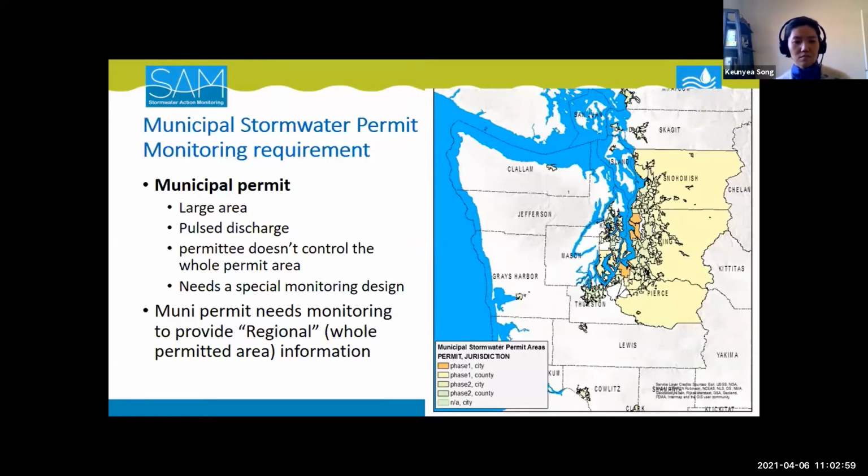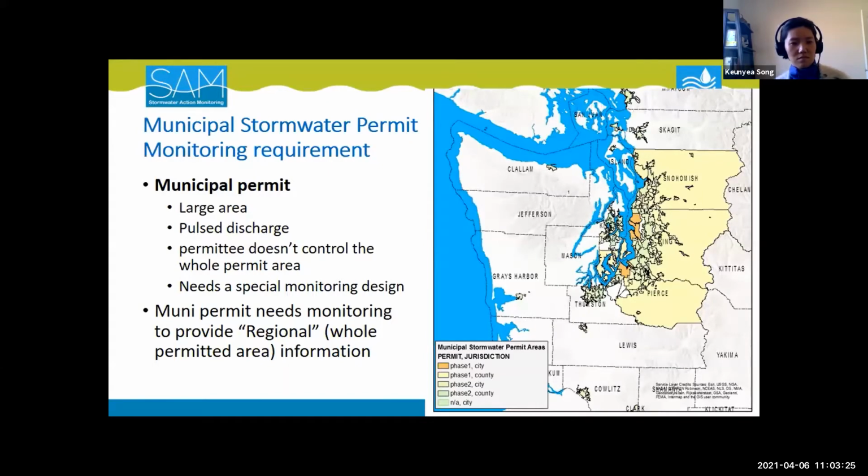As a monitoring requirement in the permit, municipal permittees have two options. They can either conduct individual outflow monitoring or opt into SAM, Stormwater Action Monitoring. Other more typical NPDES permits usually require stormwater discharge sampling and a few chemical analyses.